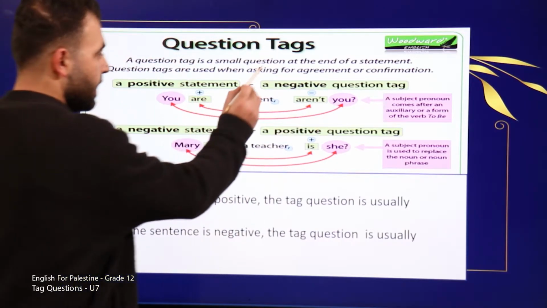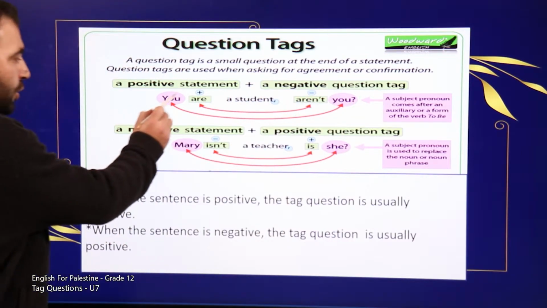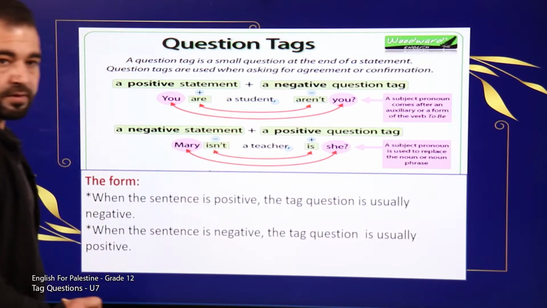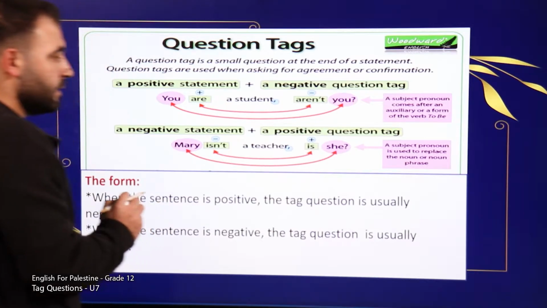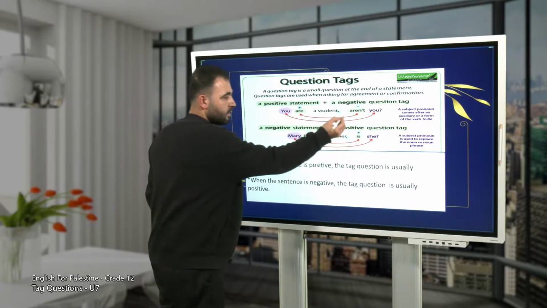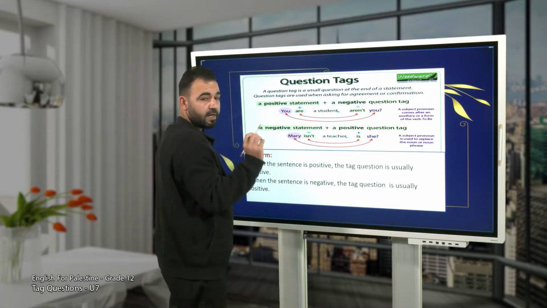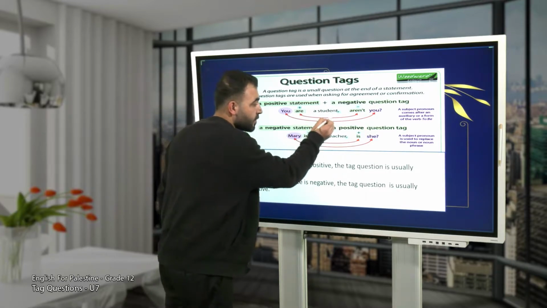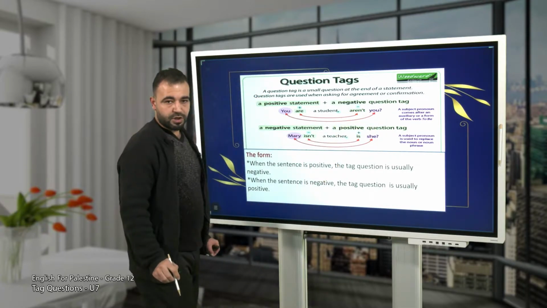Positive statement, a negative question tag. For example, you are a student, comma, aren't you? Pay attention that a tag question is preceded with a comma and ends with a question mark.